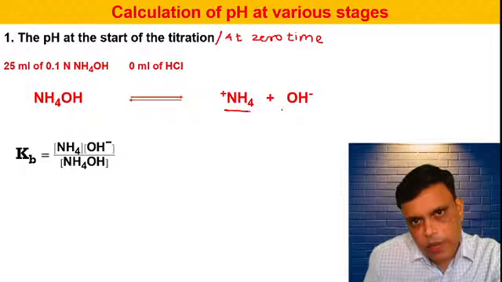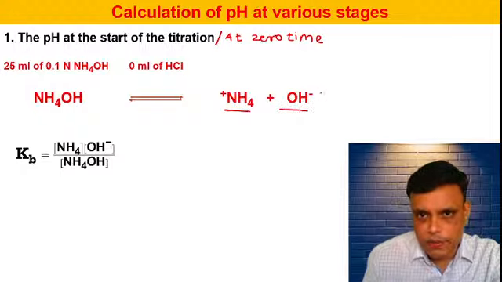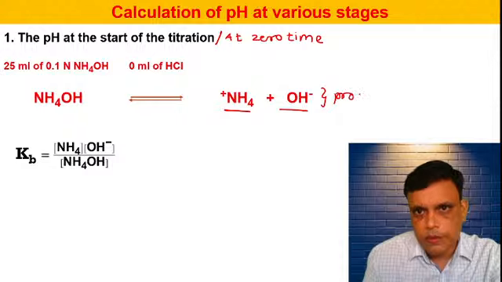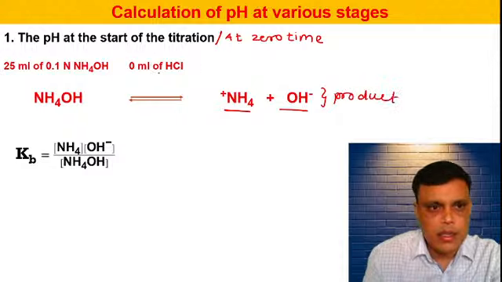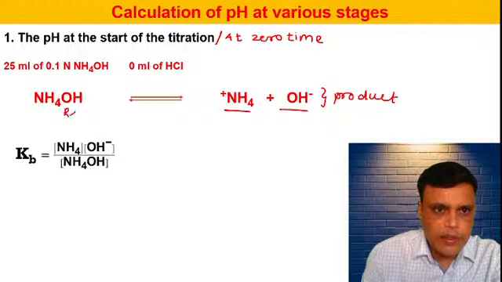These two, ammonium cation and OH minus, are the products, and this ammonium hydroxide is the reactant.